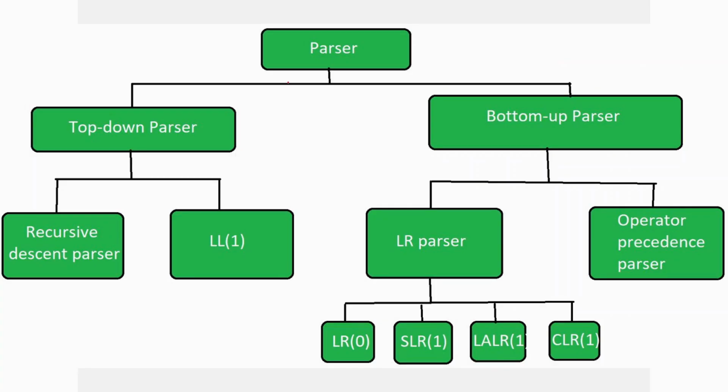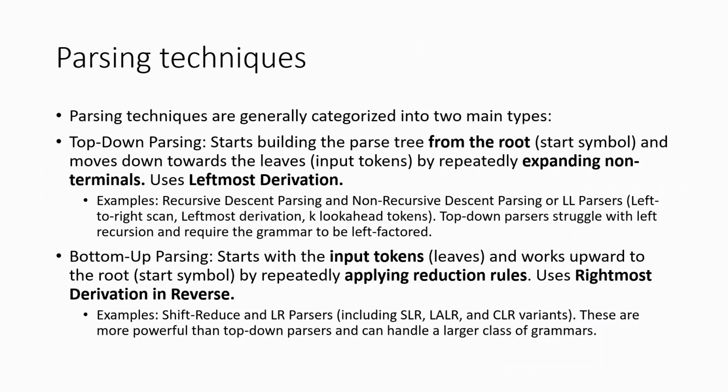The parser is basically divided into two types: the top-down parser and the bottom-up parser. In the top-down parser, the parser starts from the root node, that is the start symbol, and moves towards the leaves, that is the tokens. How is it doing the job?